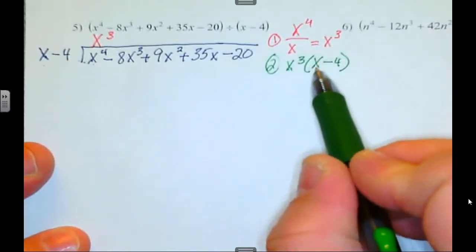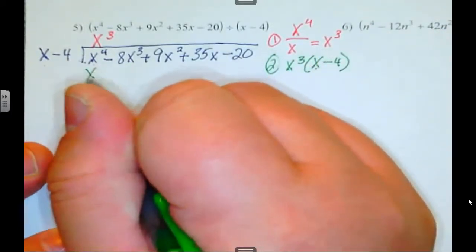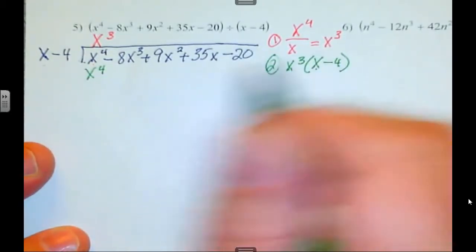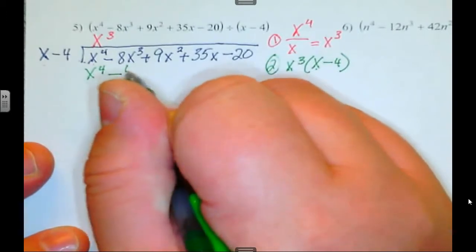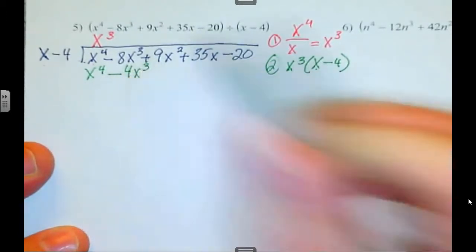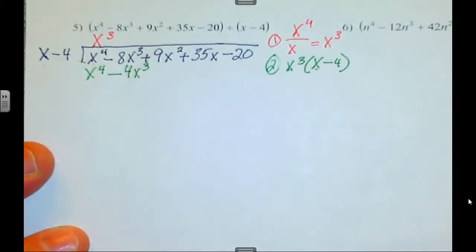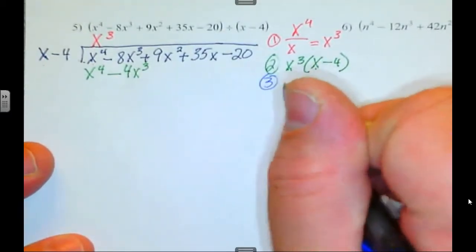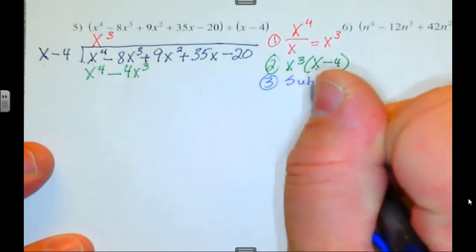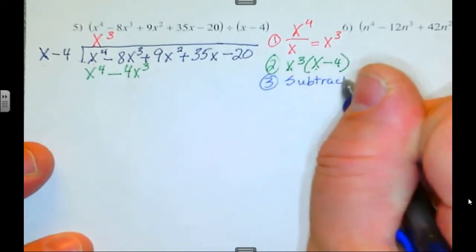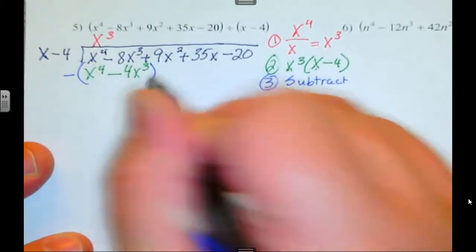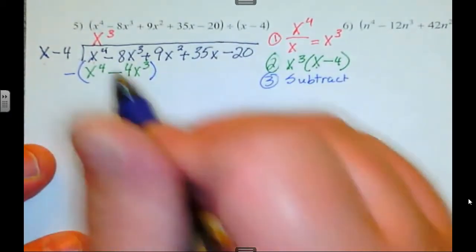See, I get x to the 4th. X cubed times minus 4 is minus 4x cubed. Step 3, subtract. I'm going to subtract the quantity x to the 4th minus 4x cubed.